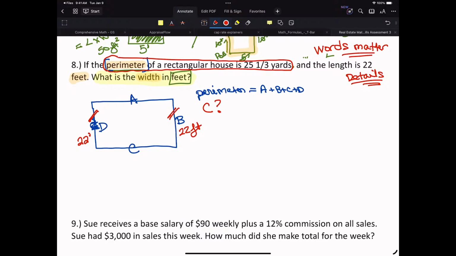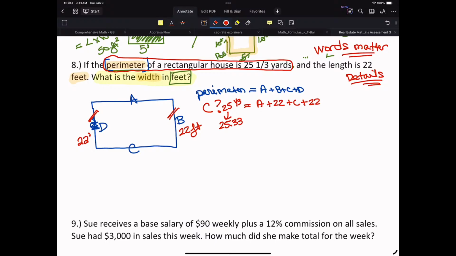What we know is that we could say A plus 22 plus C plus 22 is going to equal 25 1/3 yards, which we already know is 25.33.